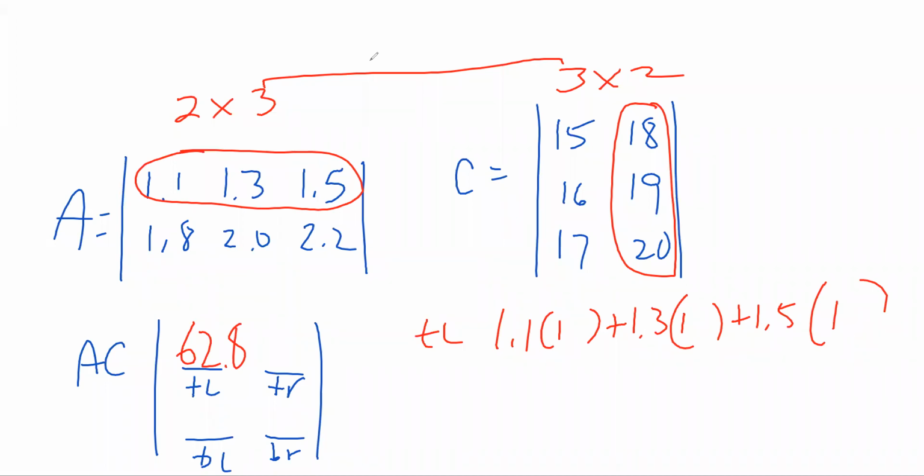Instead of 15, 16, and 17, you're going to multiply by the other hours, which is 18, 19, and 20. And that's going to give me a higher number, of course. It'll give me 1.1 times 18 plus 1.3 times 19 plus 1.5 times 20. That's 74.5.